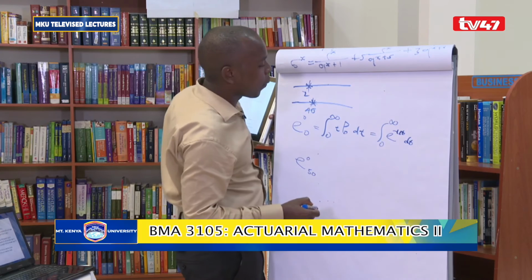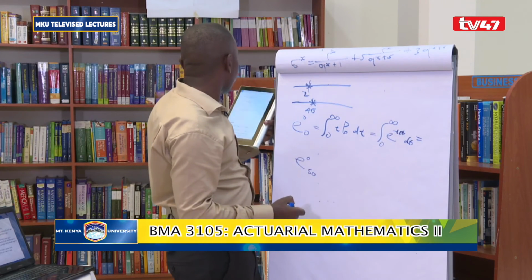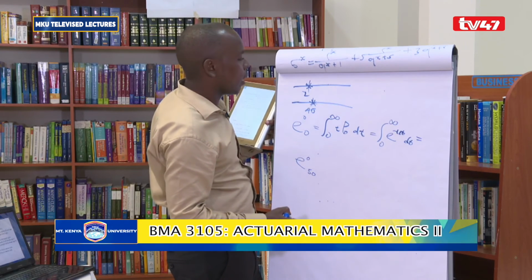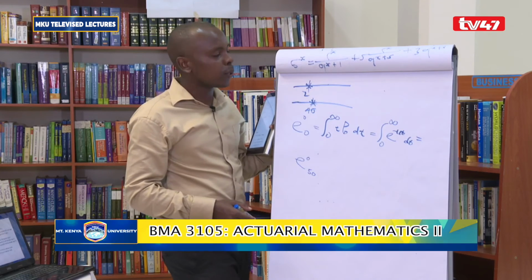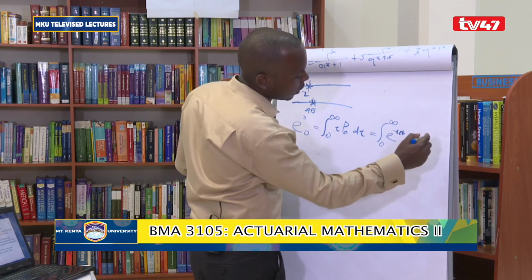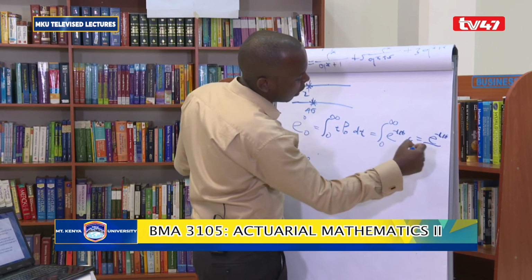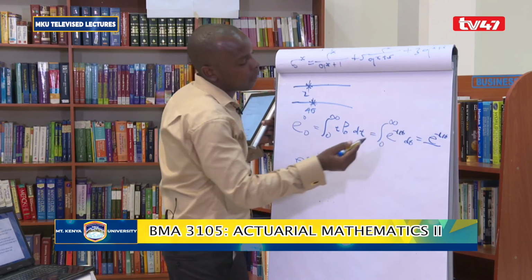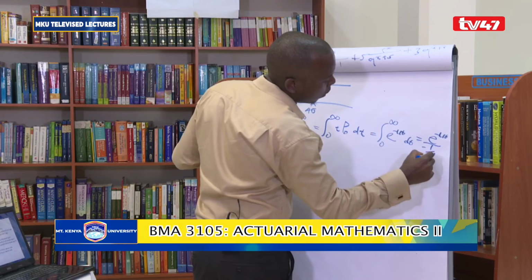And what we end up with, if we integrate this, remember how to integrate exponential functions. So we retain this function, e to the negative mu t, and this should be divided by the derivative of this part, which is negative mu.